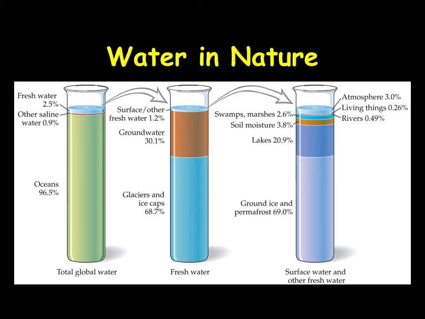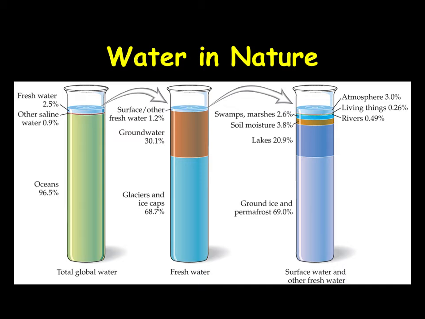So all of this is kind of getting at why water is important sort of in our world. It turns out that 75% of the Earth's surface is covered in water. And interestingly, of that, 98% of it is seawater. Only 2% of the water on Earth is fresh water.